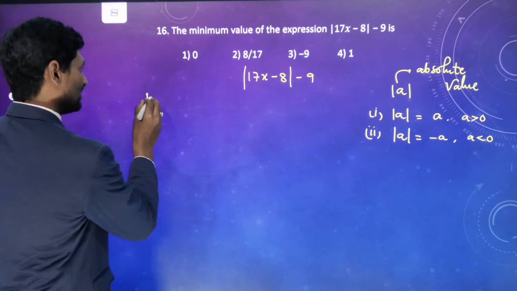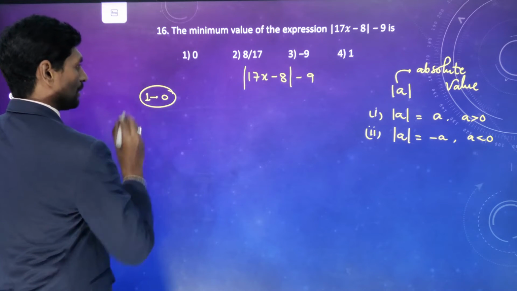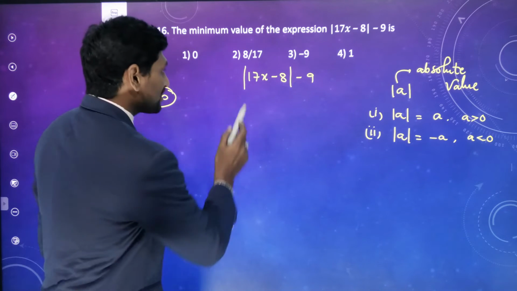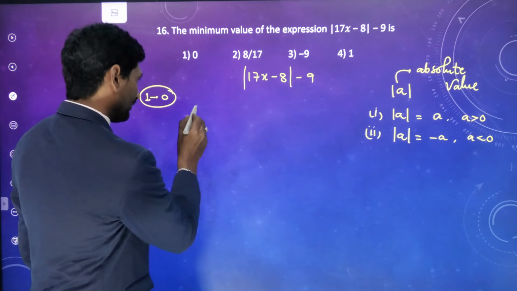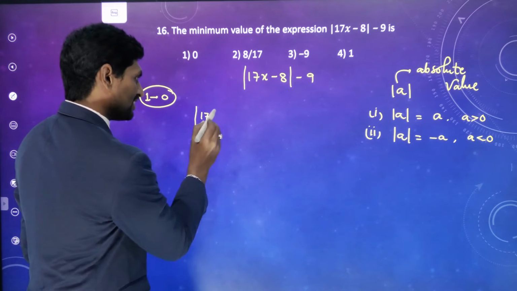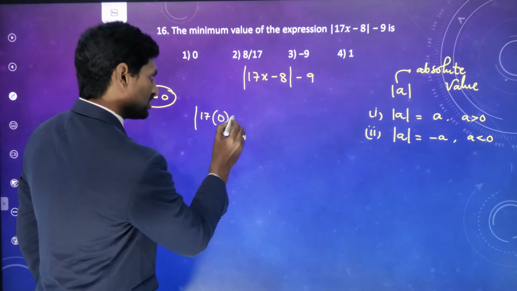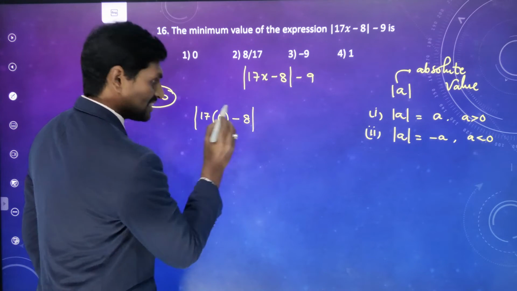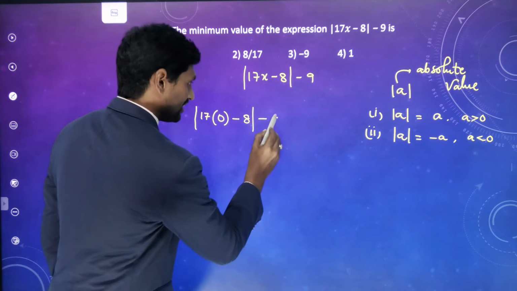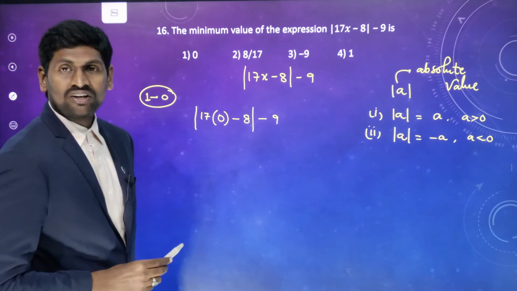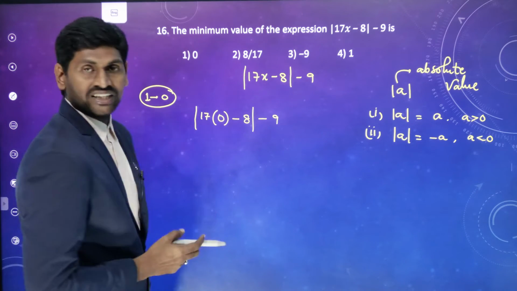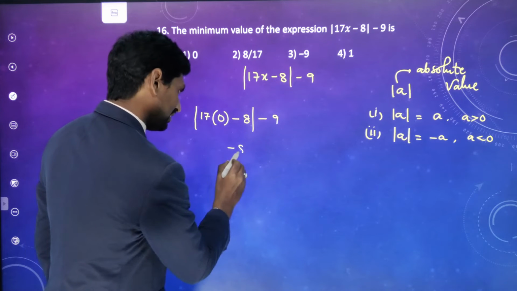First option is 0. Now I am substituting 0 in the place of x. 17x is nothing but 17 into x. So 17 into 0 minus 8 minus 9. 17 into 0 is 0, and 0 minus 8 is negative 8.